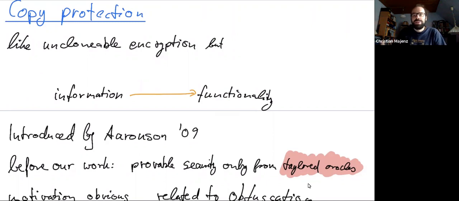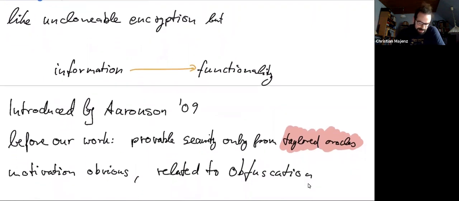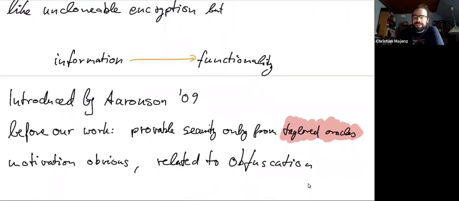They happen in a theoretical world where everybody has oracle access to some very structured oracle that is tailored to the application. In particular, it's not clear how to instantiate them. It might be that they are not instantiable. The motivation is obvious, and it's closely related to the motivation of the task of obfuscation.